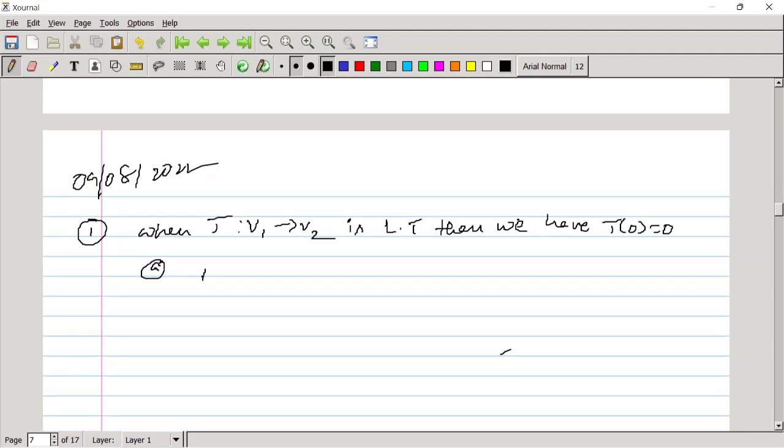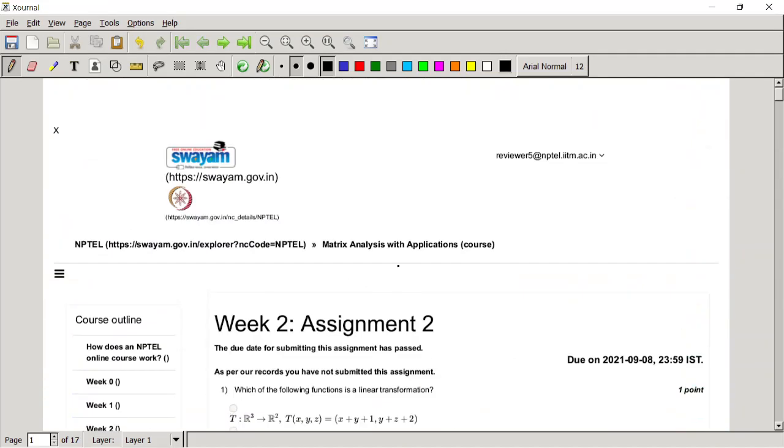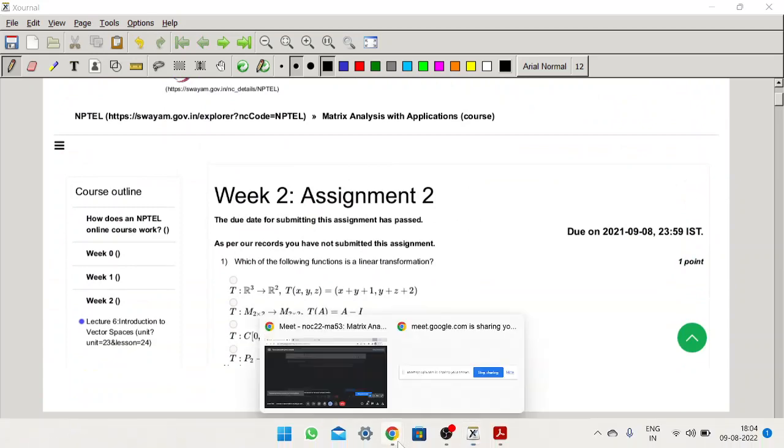Option A is T from R cube to R square such that T of (x, y, z) equals (x plus y plus 1, y plus z plus 2). We have to check whether this function is a linear transformation or not.